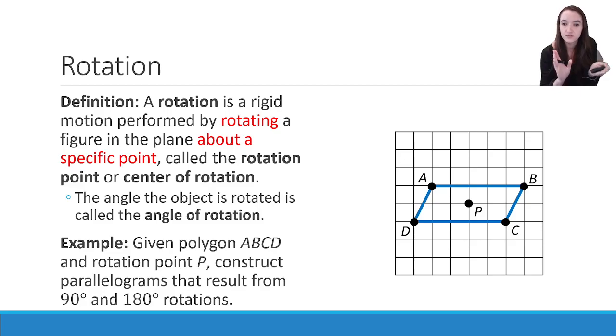This can be tricky depending on the shape you're working with, but essentially we want to think about taking, let's say, point B here and making a 90-degree angle. So if point B is 3 to the right and 1 up, then the right angle from point P would be 3 up, 1 over.